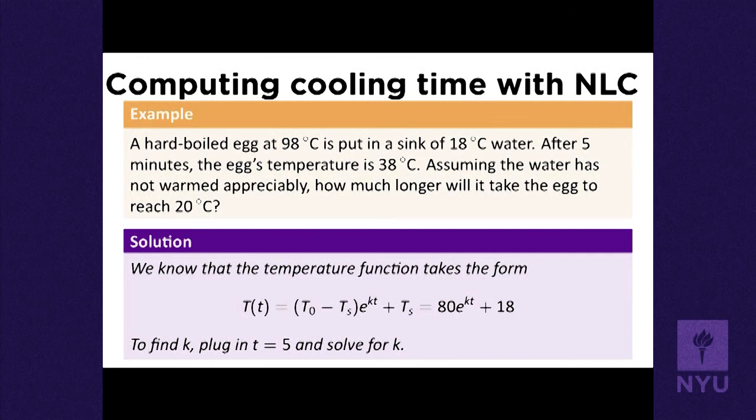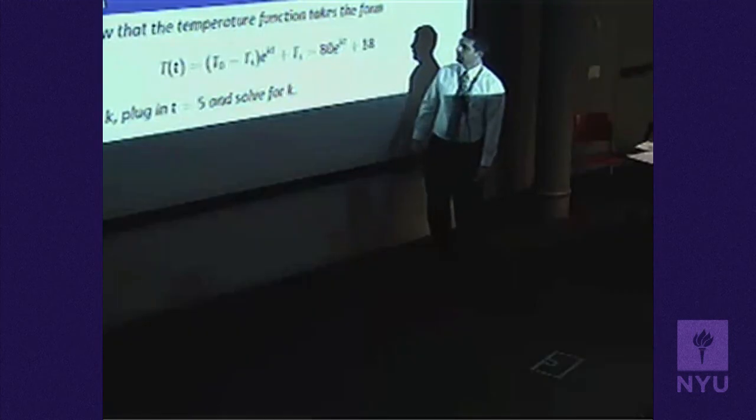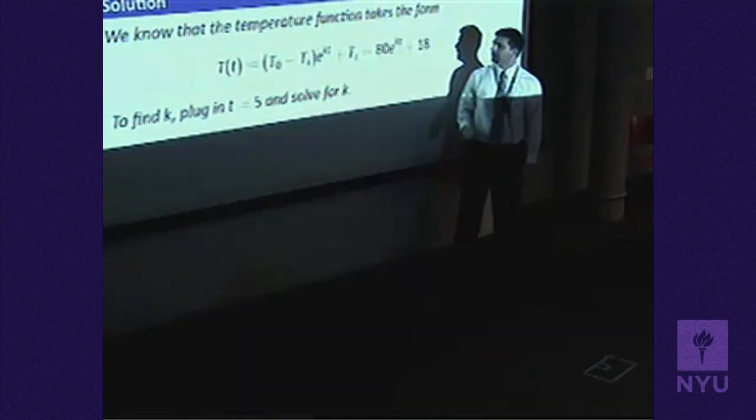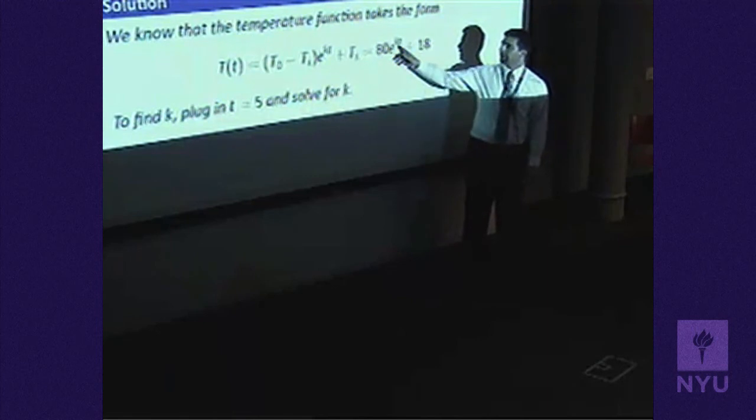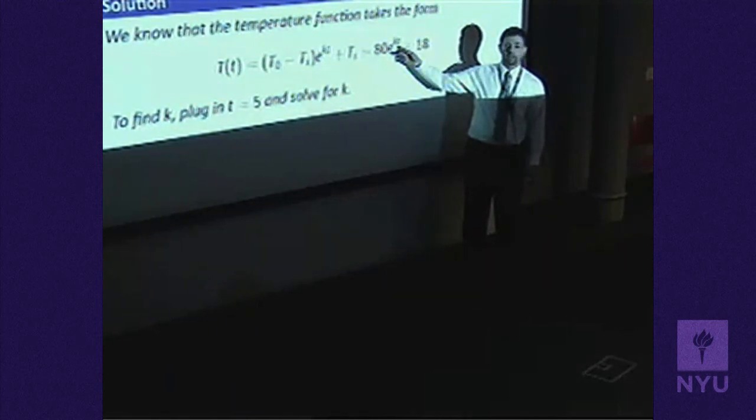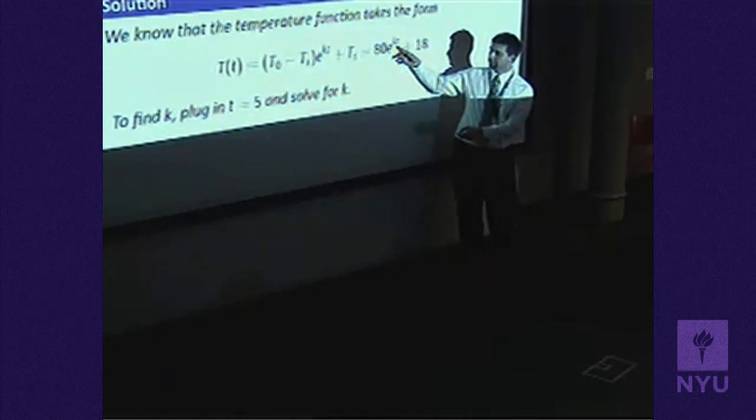What is it we wanted to know? We want to know the value of t for which T of t is 20 degrees. But I also don't know k. It looks like I'm going to need to find k. Okay, so the equation I have is 80 e to the kt plus 18. If I plug in t equals 5, what is the temperature?